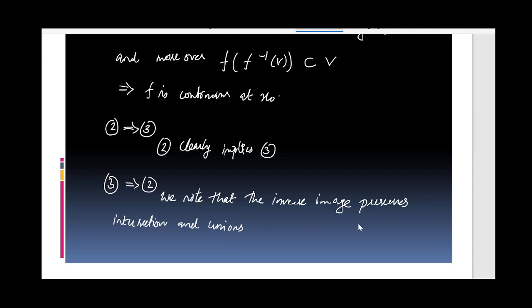That is, the meaning is that if you are finding f inverse of V1 union V2, then it's nothing but f inverse of V1 union f inverse of V2. The same way intersection also, right? So we note that the inverse image preserves intersections and unions.